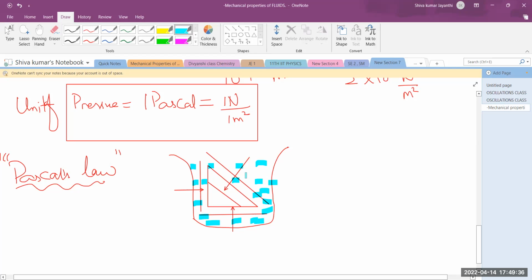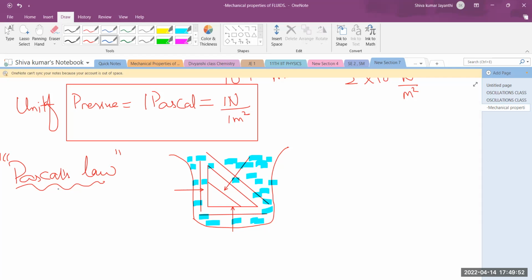You are immersing a pyramid shaped body in the water, then you want to find out the pressure. Pascal's law states that a body experiences equal pressures at every part of the body, irrespective of the area. Every surface will experience the same pressure.